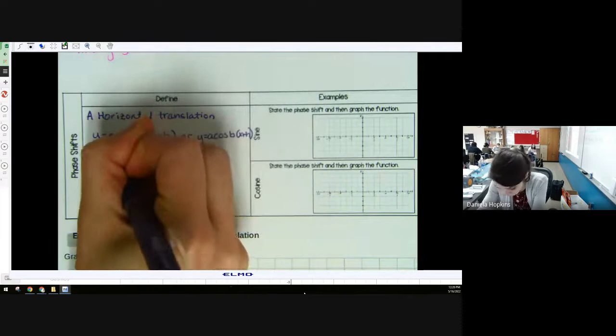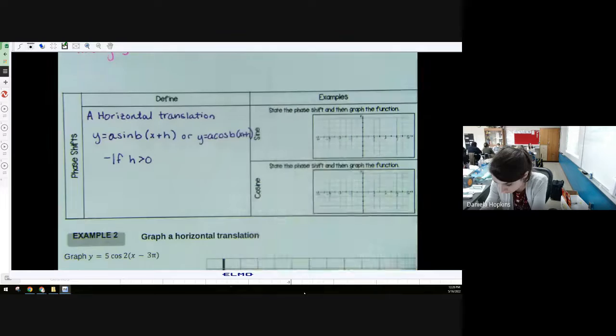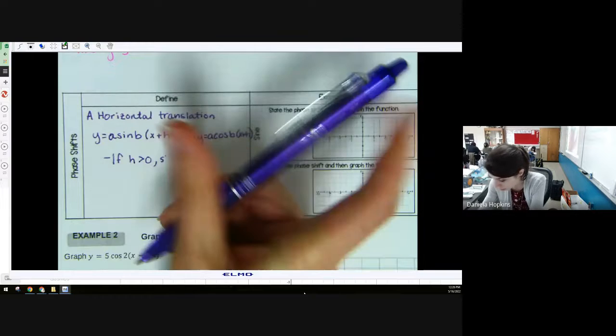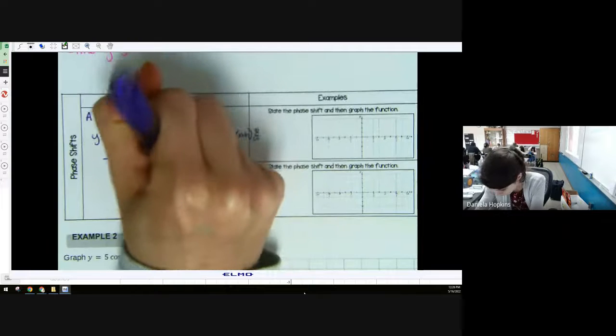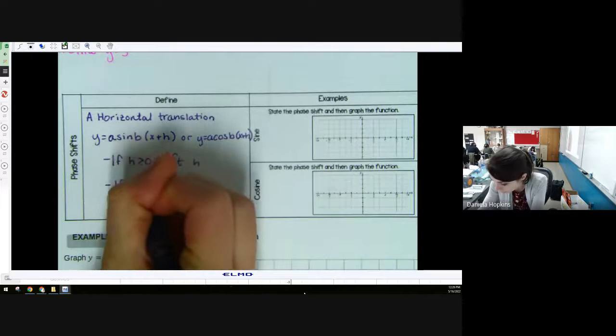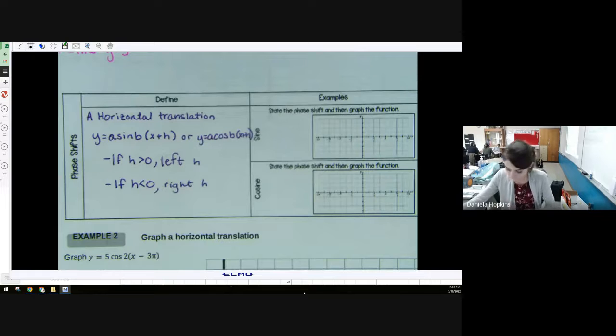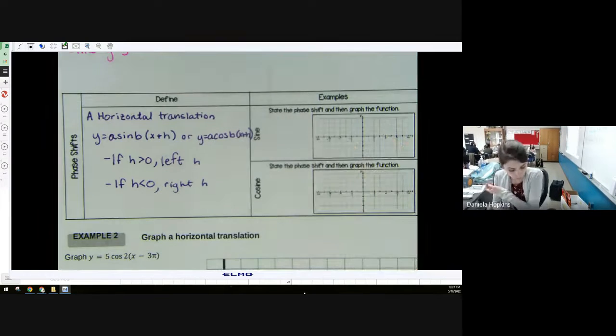So if h is positive in here, that means it's going to shift left h. And if your h is negative, or less than 0, it's going to move right h. I won't draw an example here because we're about to do one, which I do have to fix because I did mess it up.